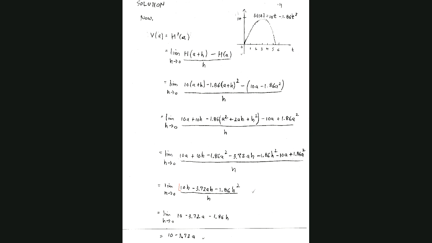I could have written this numerator, I could have factored out the h and written the numerator as h times (10 minus 3.72 times a minus 1.86 times h).